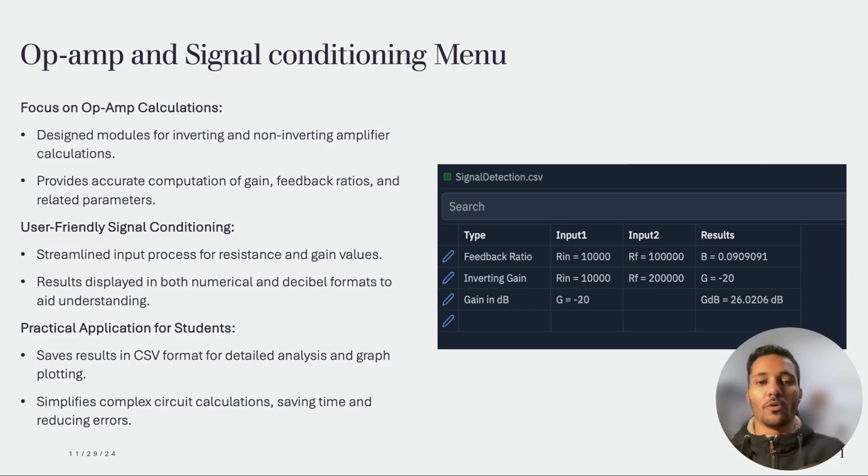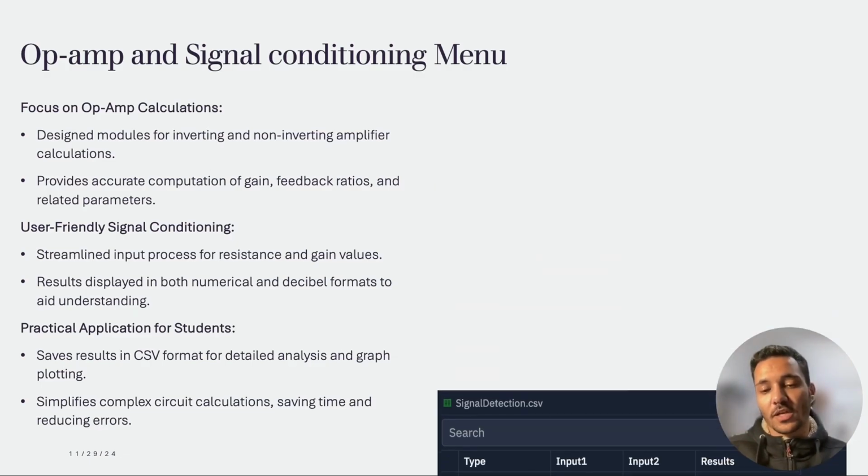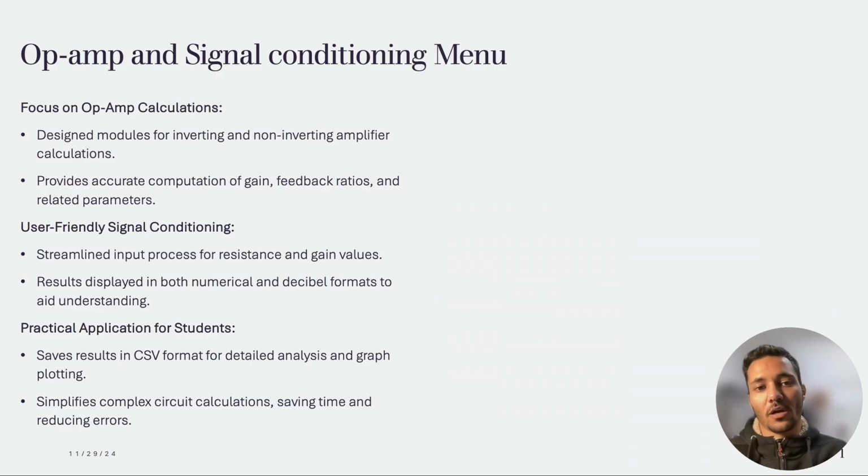They can take these values and later on plot the graphs as needed. And that's how simple it is to use this tool to perform calculations, organize results, and enhance your learning experience. With that, I will now pass the spotlight to Felix, who can explain more about active filters. Over to you, Felix.